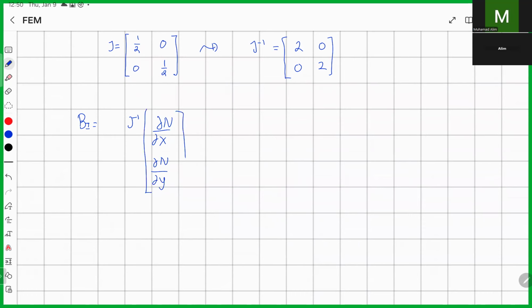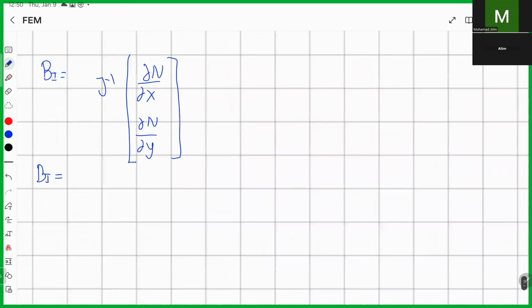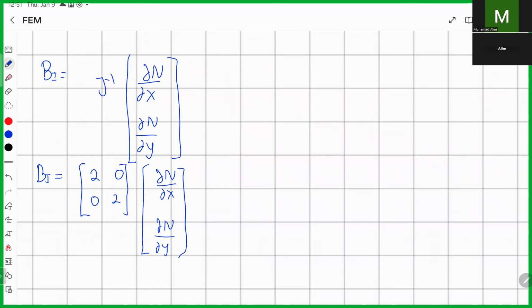So this is what we're gonna get, and then you have Bi here equals to 2, which is the inverse of the Jacobian, then you have this x and y. So this is the B matrix that you want to look for. So Bi here equals to this.